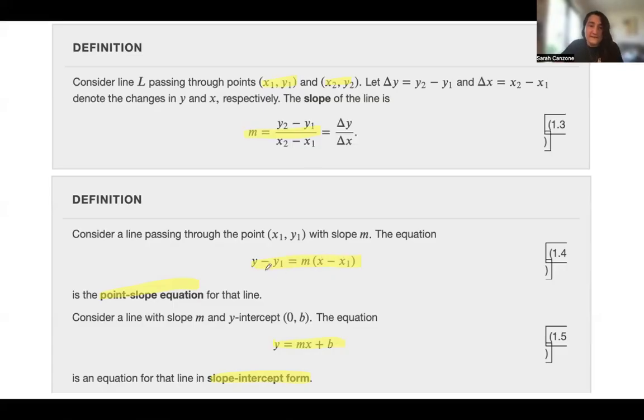So if you can get to this point and plug it into this, I don't really care if you can get here. If you can do calculus, I assume that you can just get there. So if I ask you to create the equation of a line and you put it into this form, you can just leave it like that. I'm okay with that. So this right here is going to be the equation that we're going to be using: y minus y1 equals m(x minus x1). Again, if you use this one, no points taken off. An answer's an answer as long as it's correct.